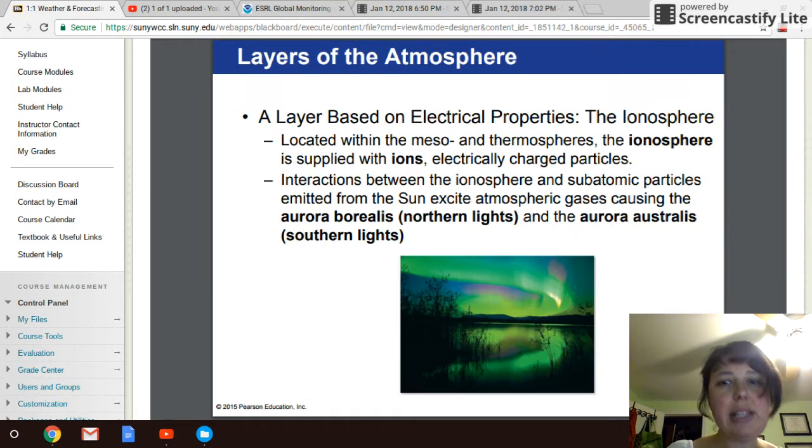The other way that I can divide up my atmosphere is to talk about it as an ionosphere, so particles that are electrically charged. They're electrically charged because they're incomplete. If I take oxygen and I'm missing a couple electrons, that oxygen that's missing a few electrons is lighter weight than the one that is nice and complete.